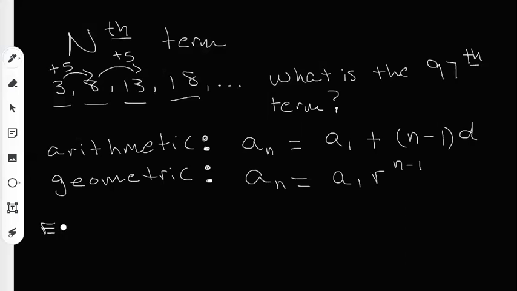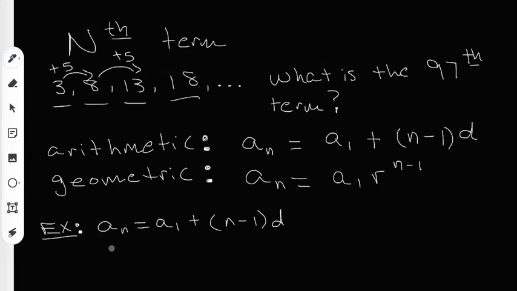So let's take a look at that. Now, because I'm adding, I'm going to be using the arithmetic formula. So I'm going to be using AN equals A1 plus n minus 1 times D. So what's my AN?